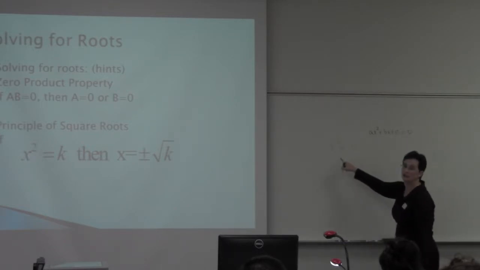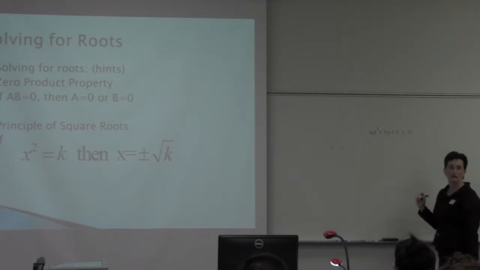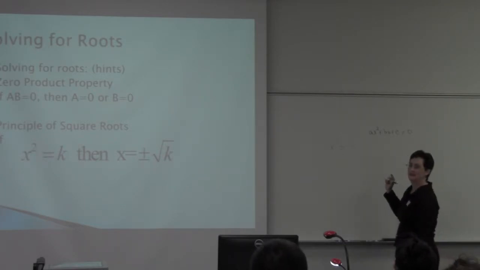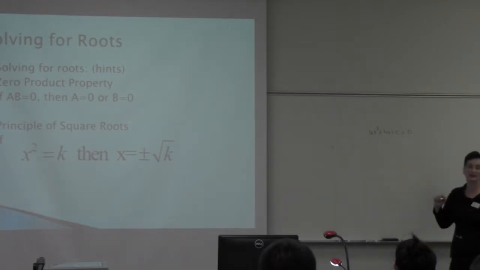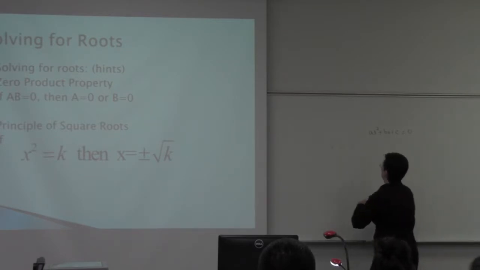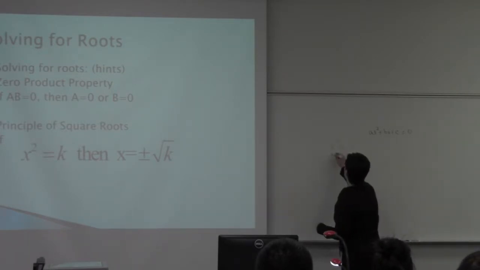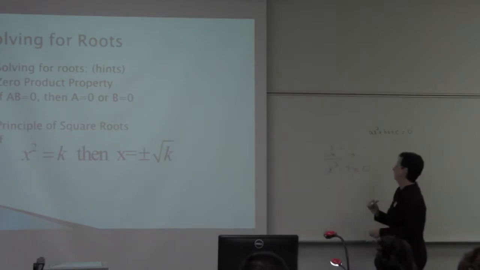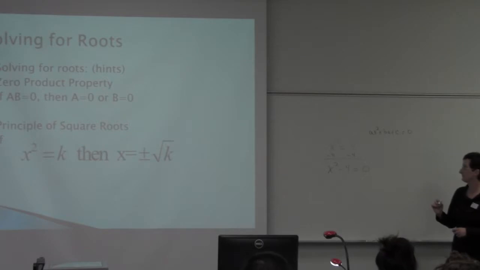So what do we need to do to put this into standard form? How do you make this look like this? Move the 4 over. So we're going to move that 4 over, and we have x squared minus 4 equals 0.